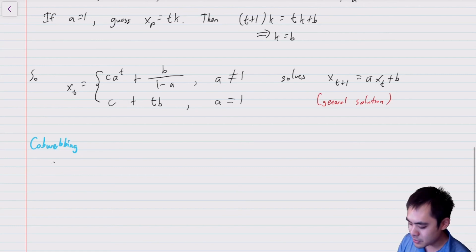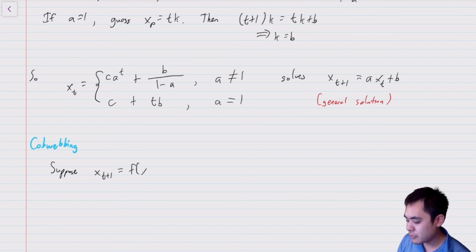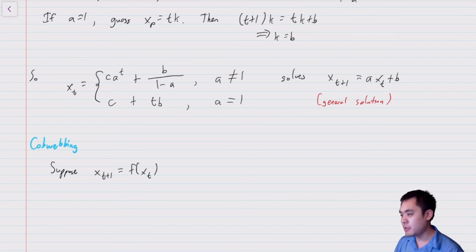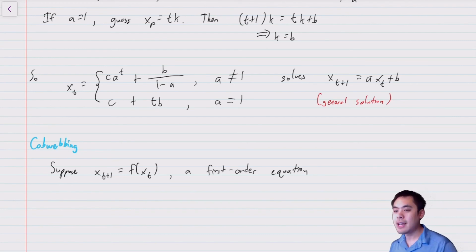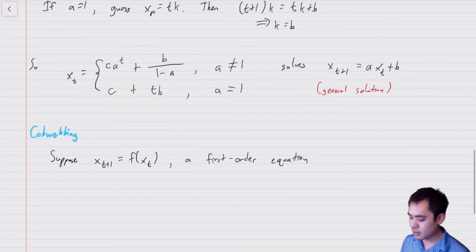So now suppose that we have x sub t plus 1 is equal to f of x sub t, where f, and this is a first order equation, and I won't write it as a linear first order equation because this method is actually general and works for nonlinear first order equations as well.